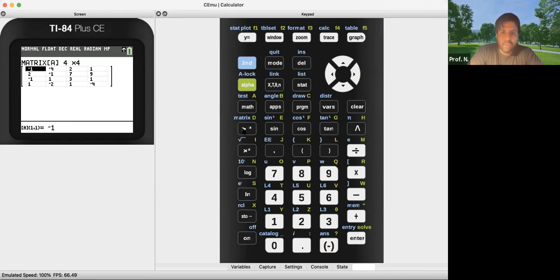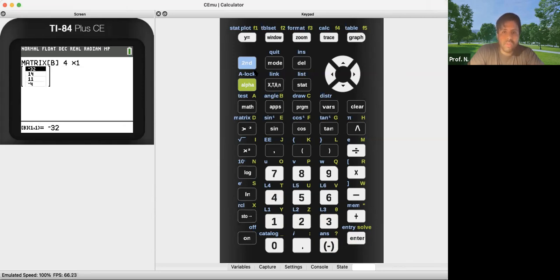Then what I'm going to do is also include a column vector, 4 by 1. This will be -32, 14, 11, -4.